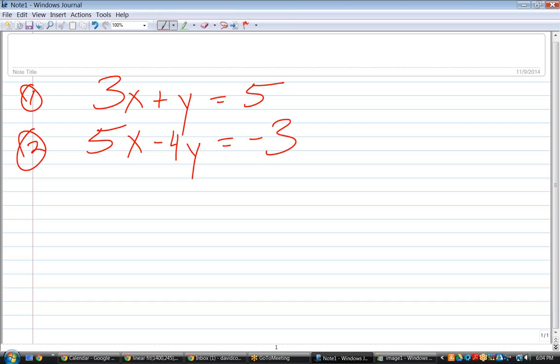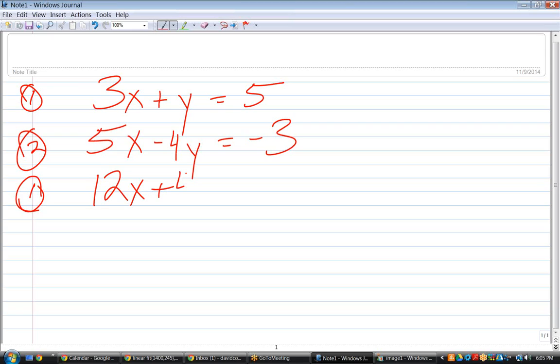And my goal is to get it down to one variable only. So, what could I do to equation number 1? Could you multiply it by what? By 4? By 4, okay. Oh, right, for the y.